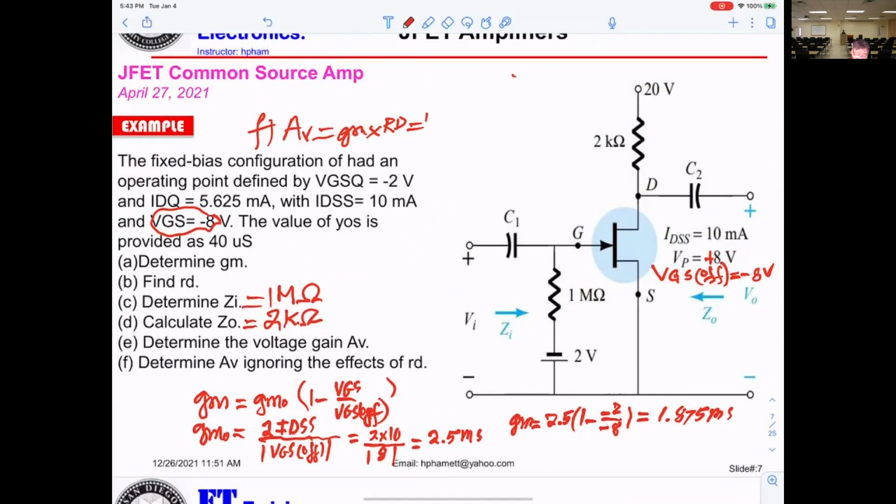1.875. RD chu kỳ. Remember, one will be milli, one will be chu kỳ, so they cancel out.